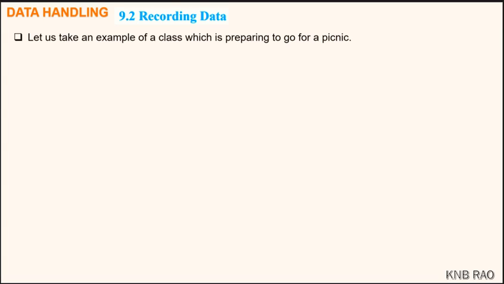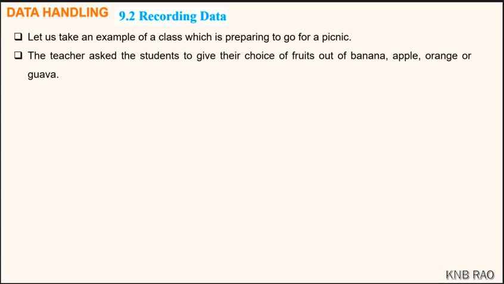Let us take an example of a class which is preparing to go for a picnic. Now, the teacher asks the students to give their choice of fruits out of banana, apple, orange or guava.